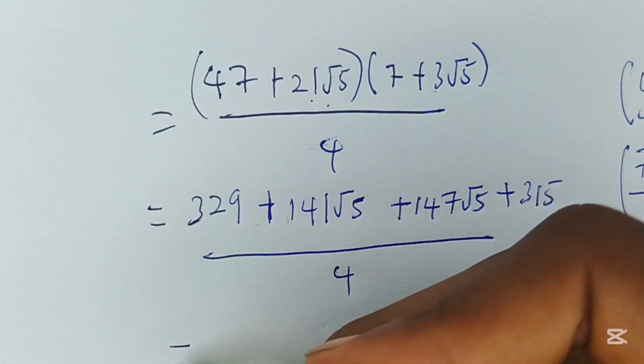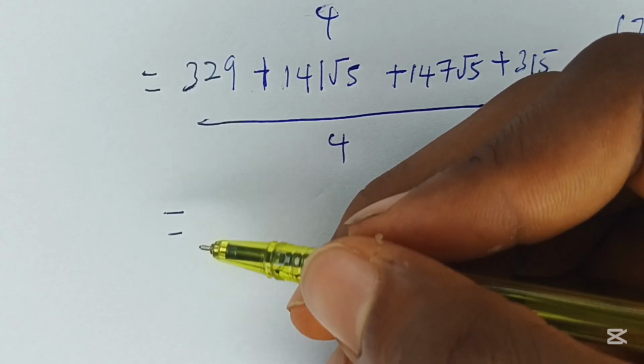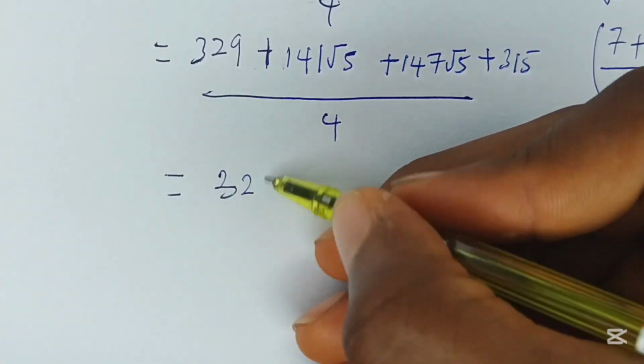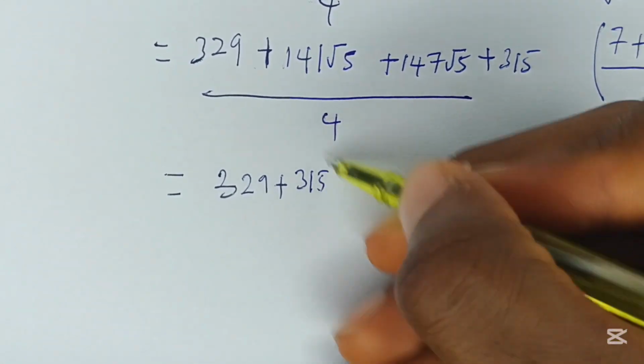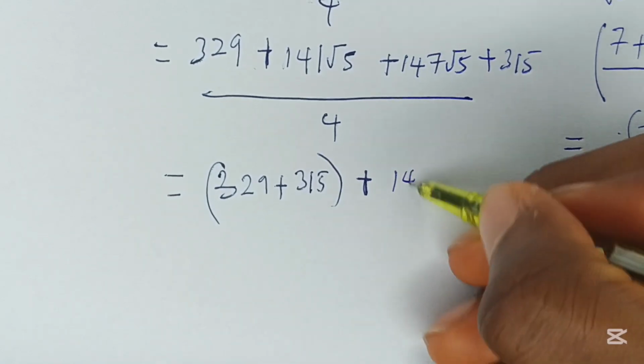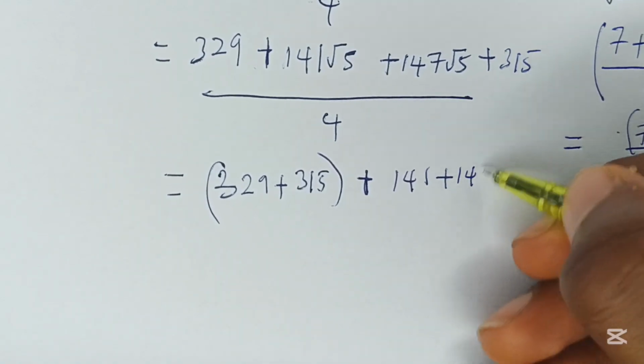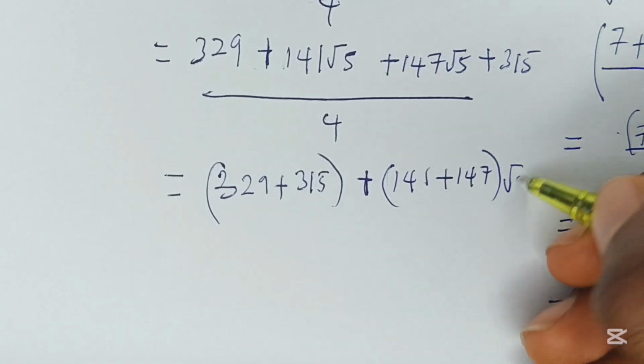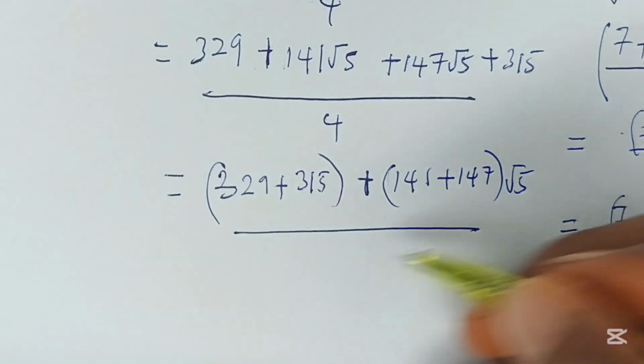And this becomes equal to 329 plus 315, plus 141 plus 147 root 5, all over 4.